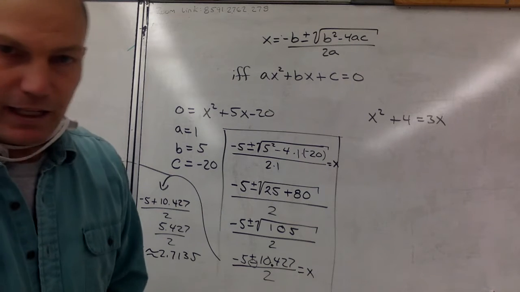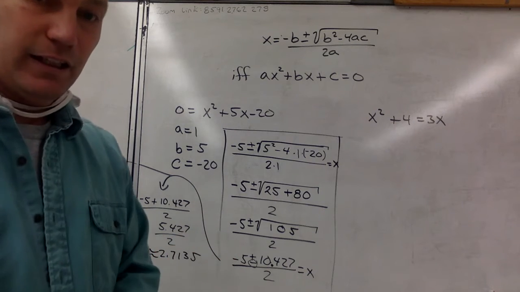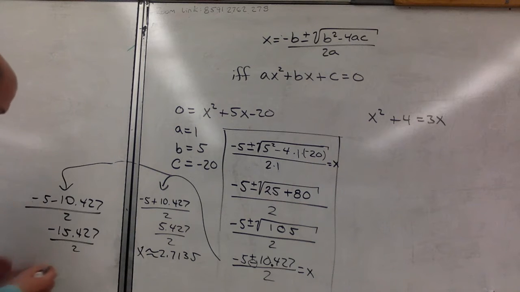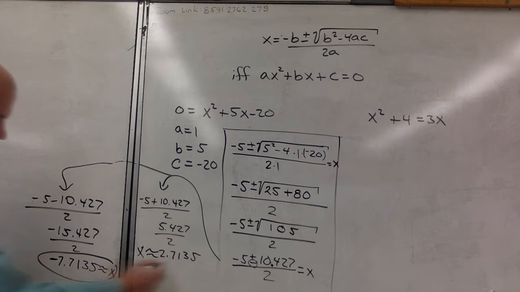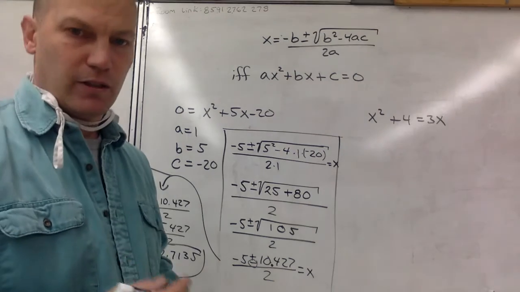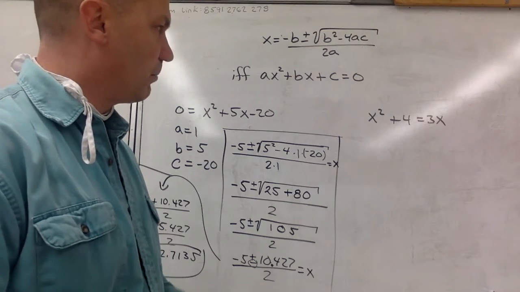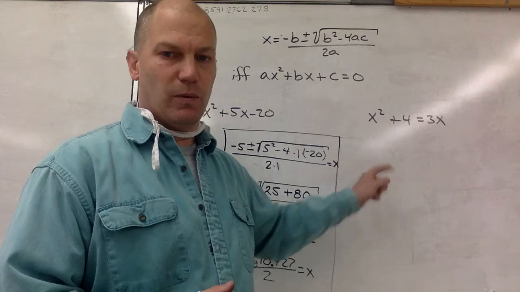Again, I pull out my calculator, I do my calculation, and I'm going to see that the answer is negative 7.7135, approximately x. So those are my two answers. Okay? So that's practice one. We're going to look at another one.